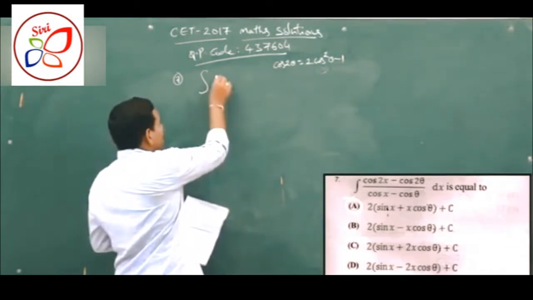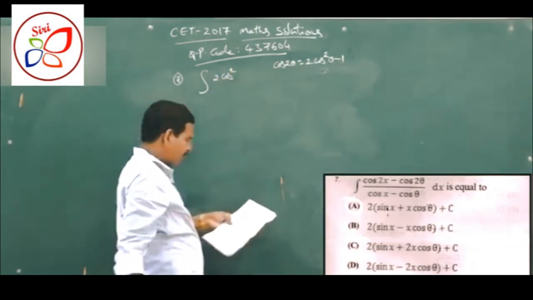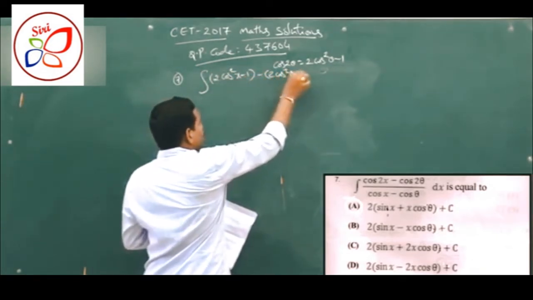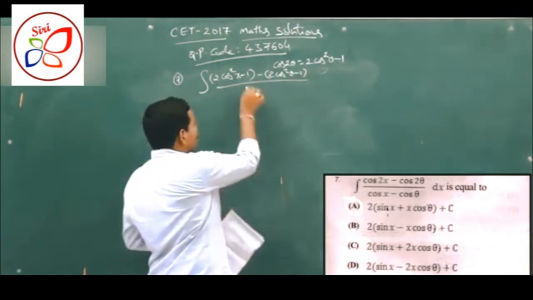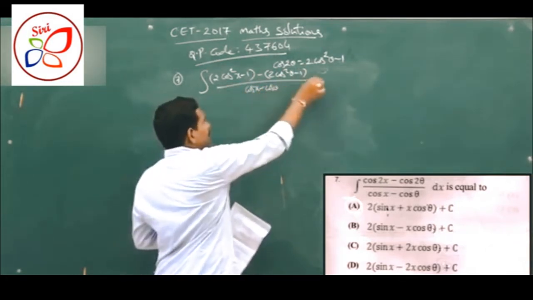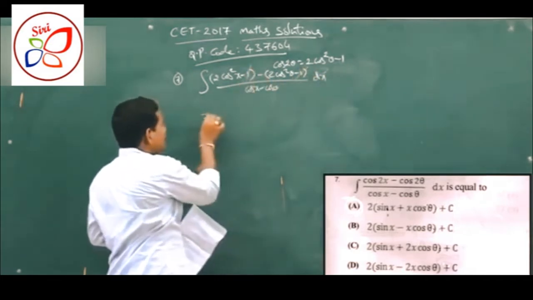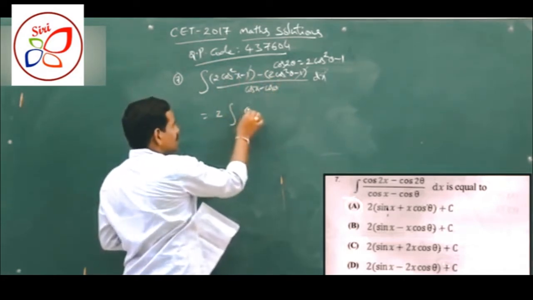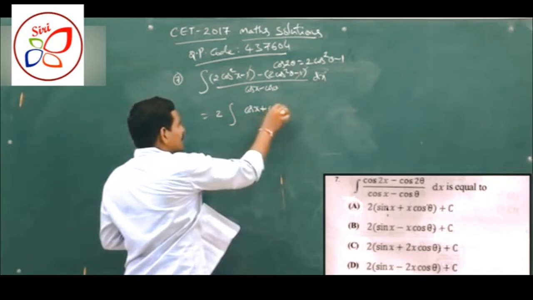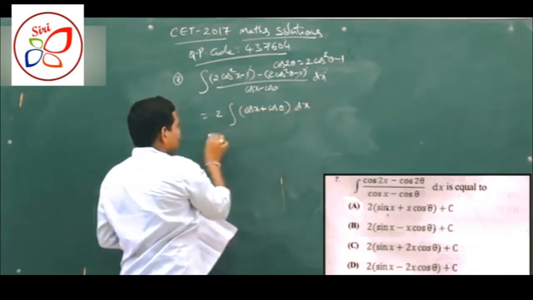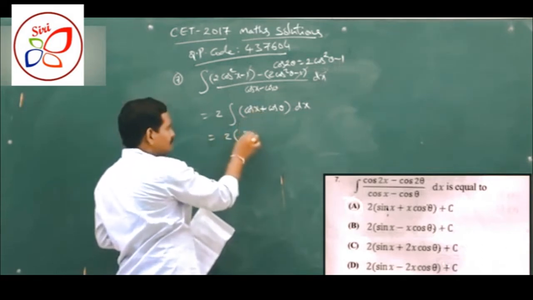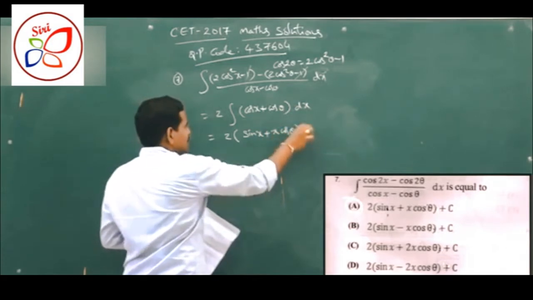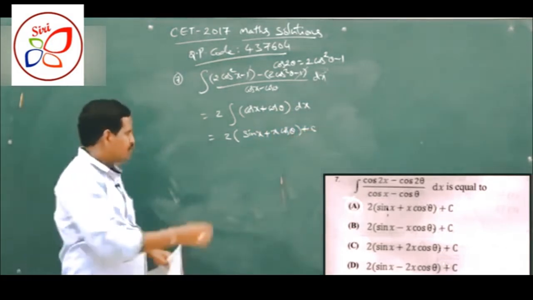So its value is 2 cos square x minus 1 minus of 2 cos square theta minus 1, divided by cos x minus cos theta, dx. 1 gets cancelled, 2 taken as common, a square minus b square factors, a minus b into a plus b, cancelling common factor, this is the remaining value. So 2 into integration of cos x is sin x, this will be constant, integration of dx is x plus c. So answer first option A.